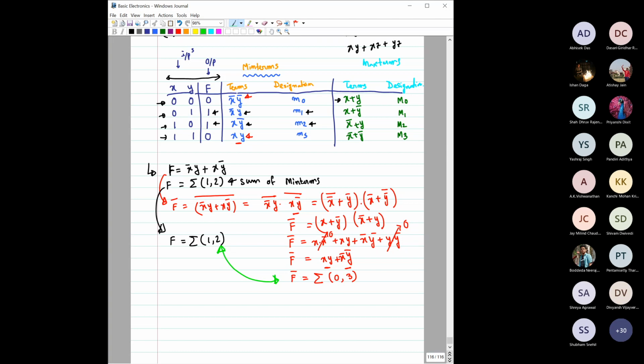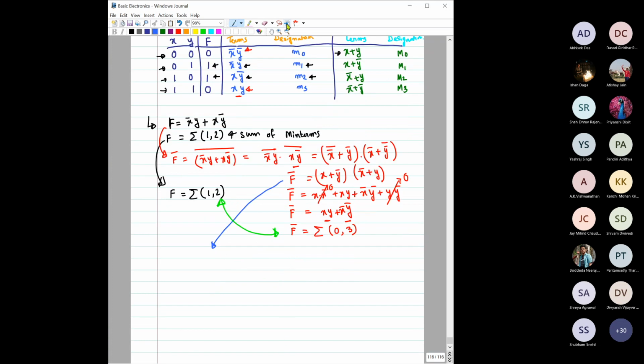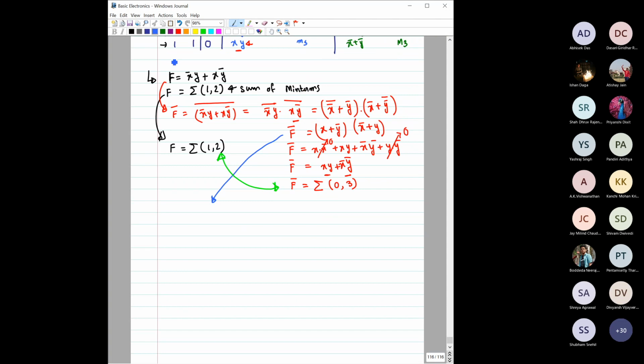Yes, sir. Okay. Now see one more interesting thing. Here we have seen how this f dash can be written in this form.